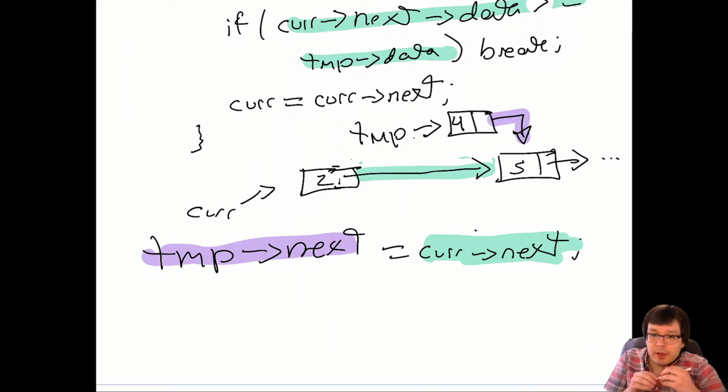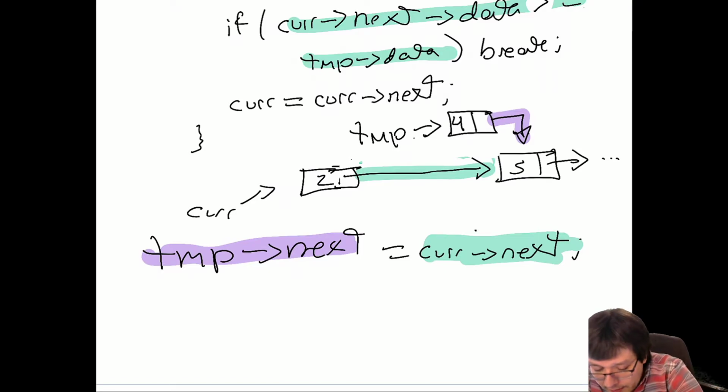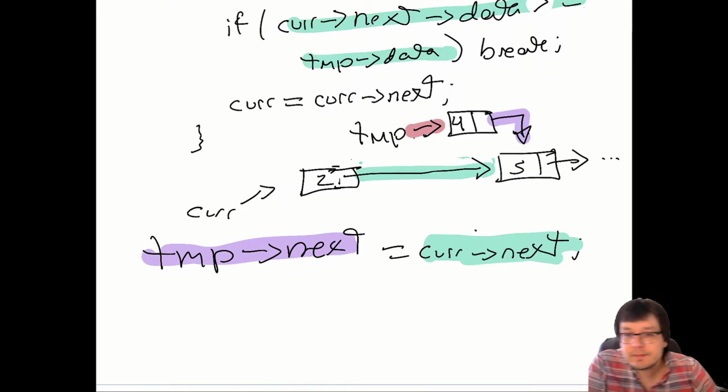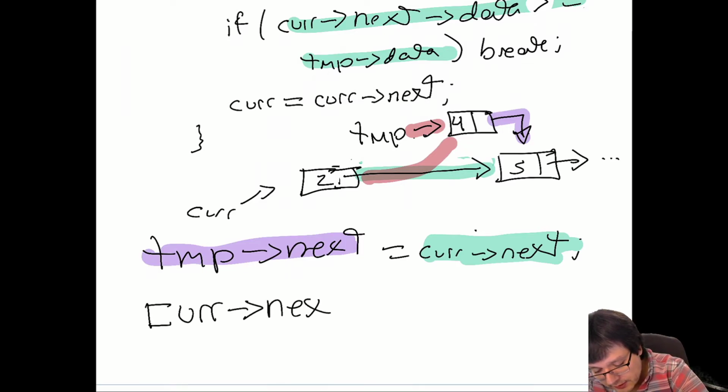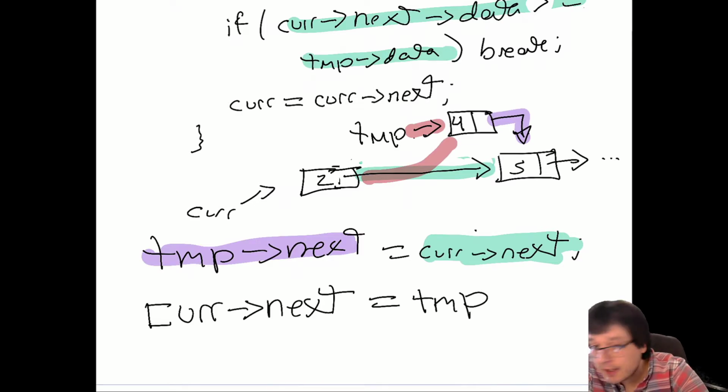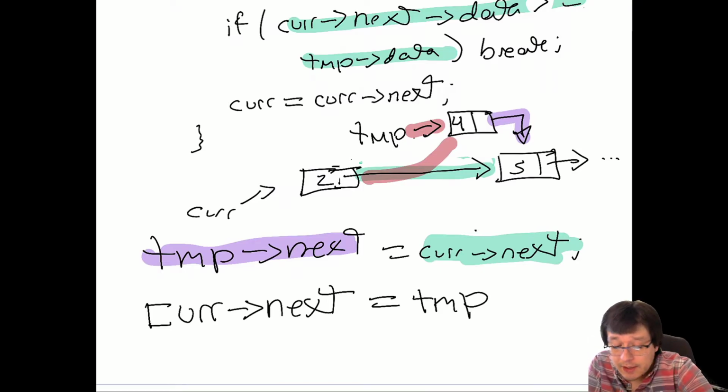Next thing we're going to do is change the green line to point to the red line, which is this one. We want to overwrite that so that now it points there. We do that by saying cur next is equal to temp. Not temp next, but temp. If we did temp next, we'd essentially be making it point to 5, which will do nothing.